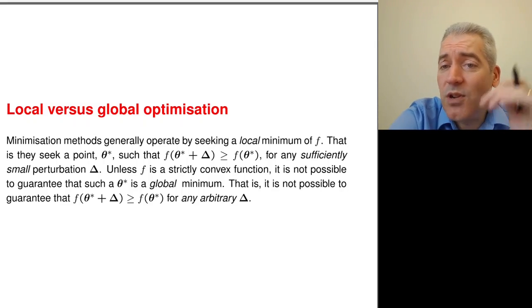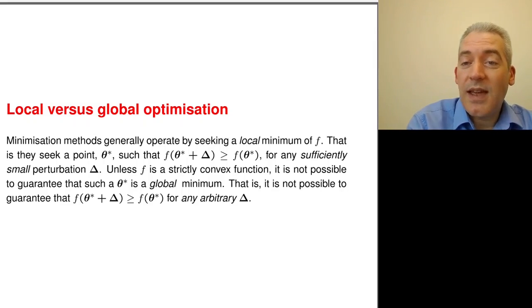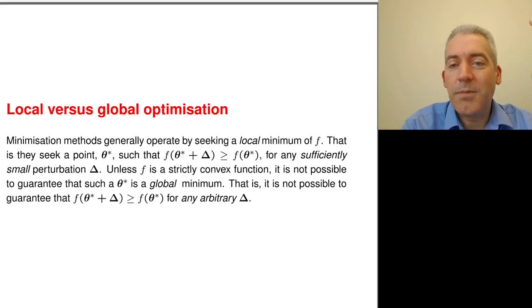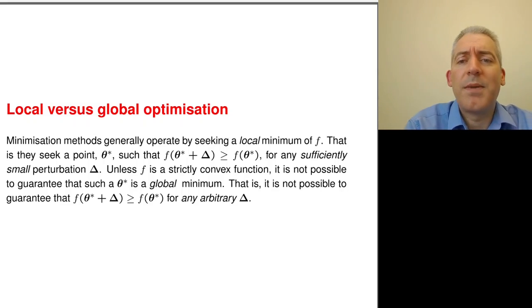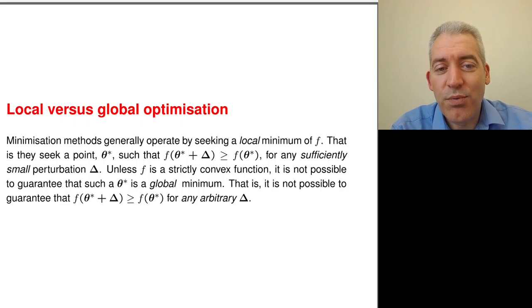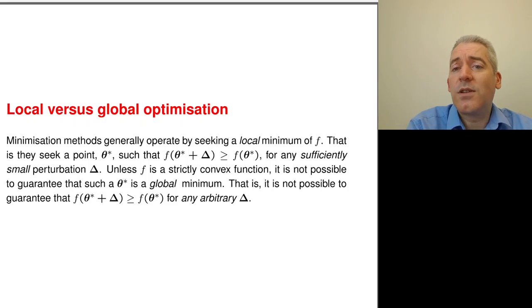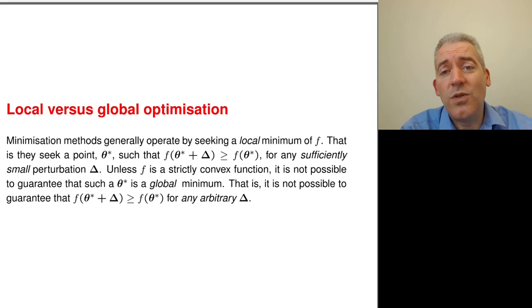The classic exception that does crop up quite a lot in statistical contexts is the case of a convex function. So sometimes the thing you have to optimize is a convex function, and occasionally you can even prove that it is. And if you can prove that it's a convex function, then you do know that if you find a local minimum, it is a global minimum.